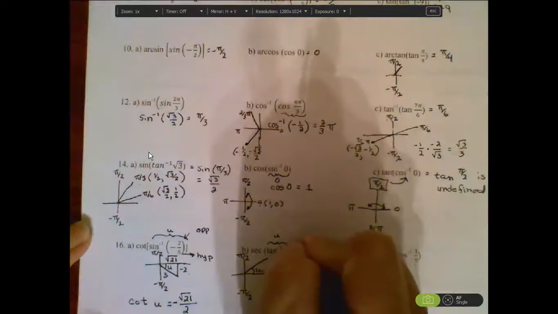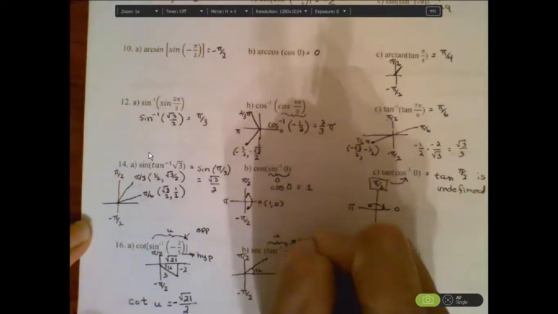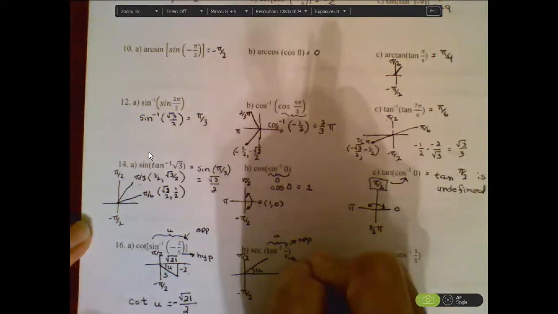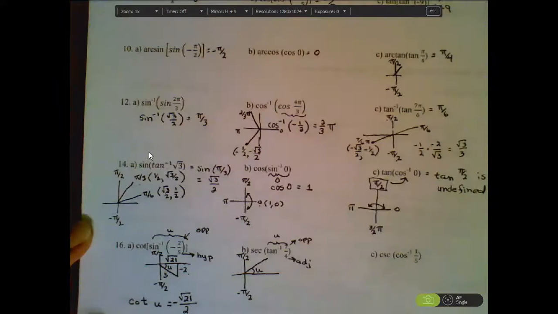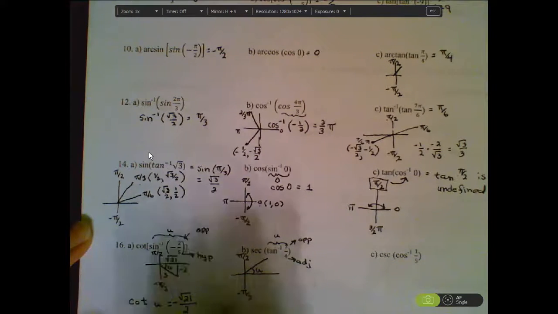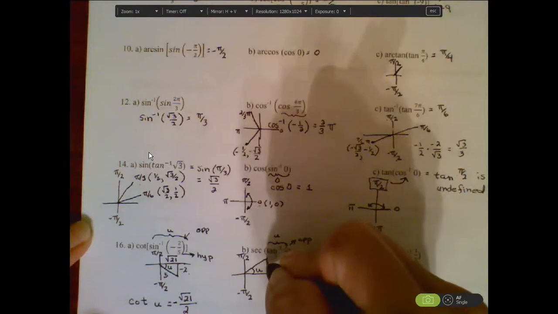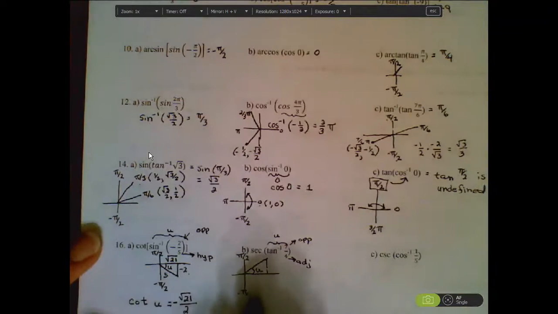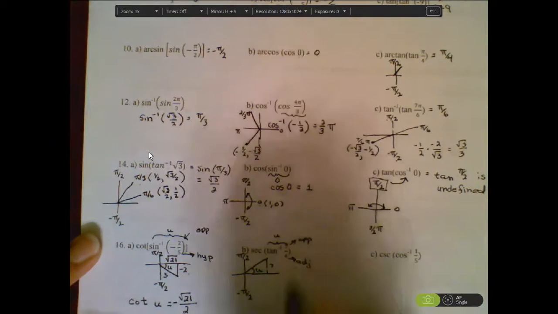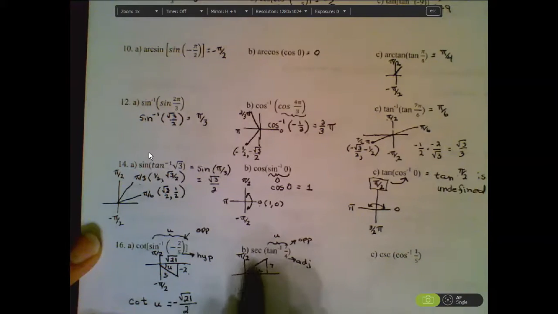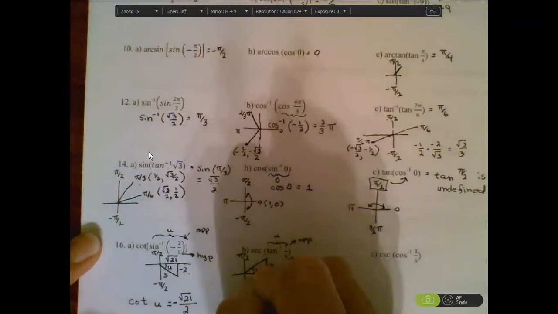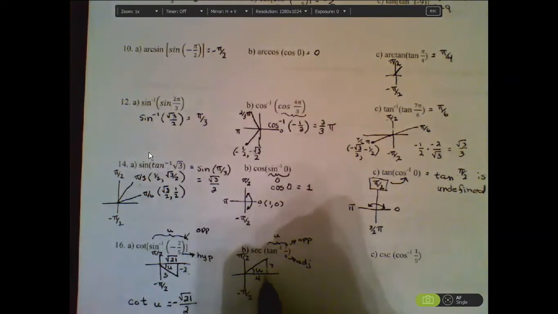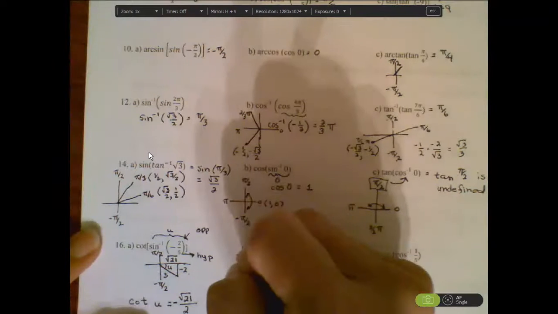The definition of tangent is opposite over adjacent. So for this angle U, I'm going to drop a vertical line down to the x-axis, and the side opposite U has to be 7. The side adjacent to U has to be 4. And that means the hypotenuse has to be the square root of 49 plus 16, or square root of 65.